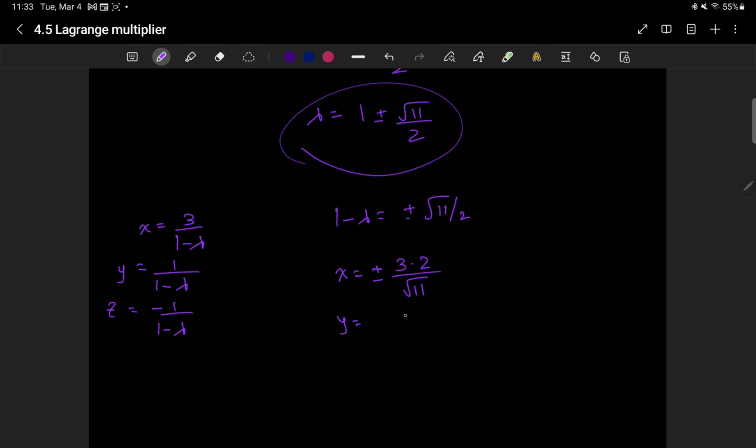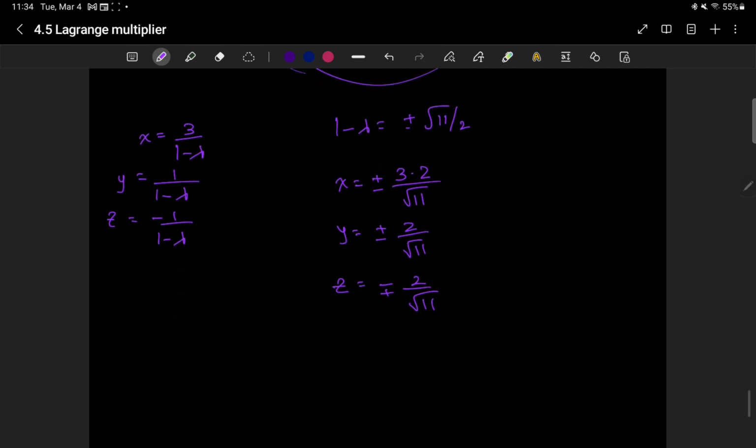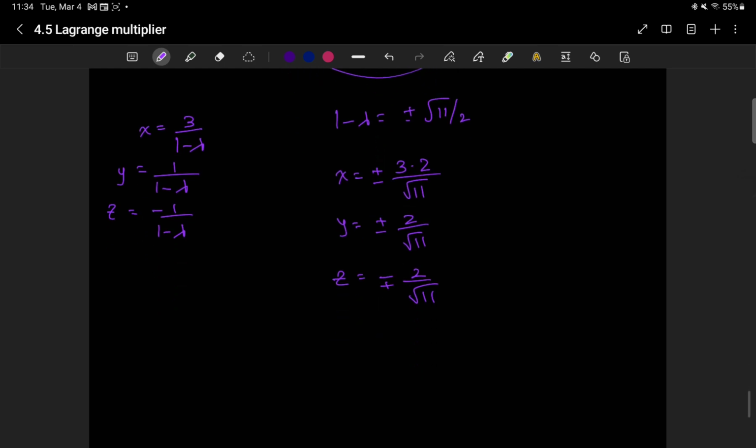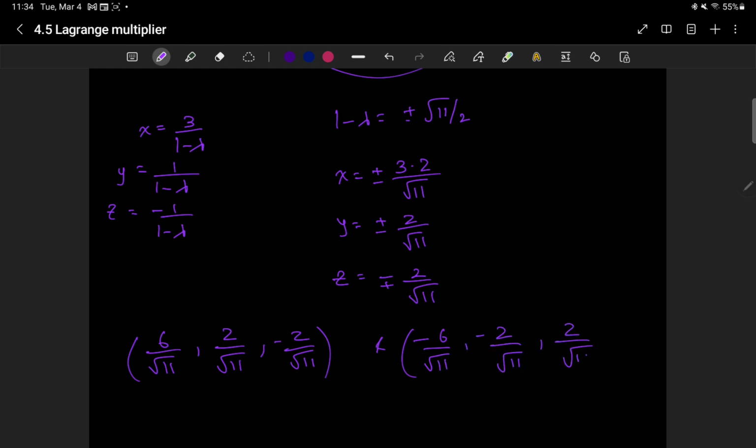Then y is 2 over root 11, plus or minus, and z is minus or plus 2 over root 11. So there are going to be 2 of these points: (6/root 11, 2/root 11, -2/root 11) and (-6/root 11, -2/root 11, 2/root 11).